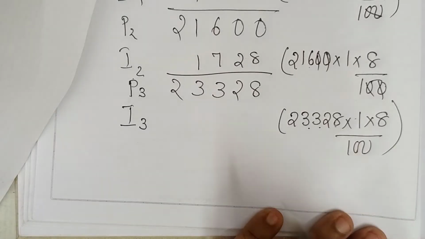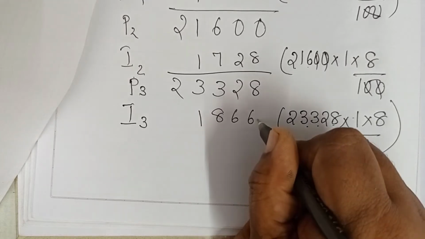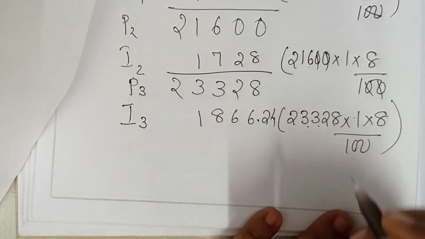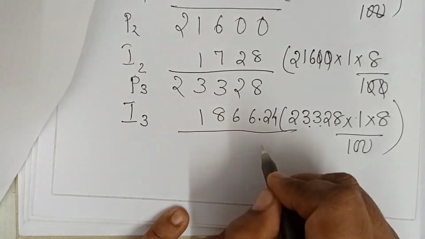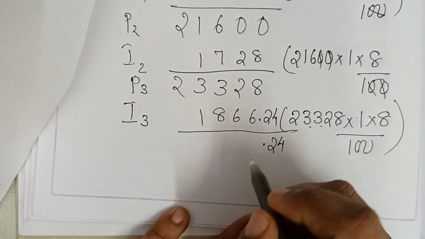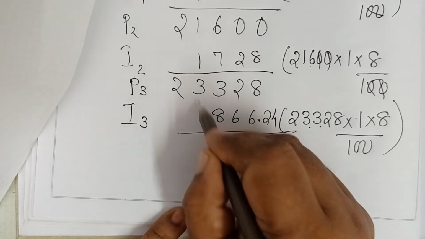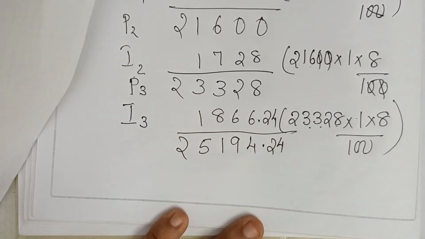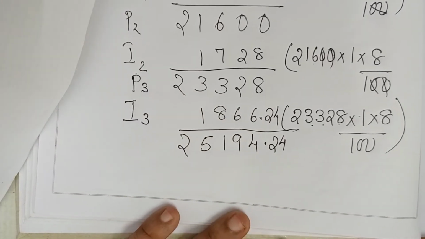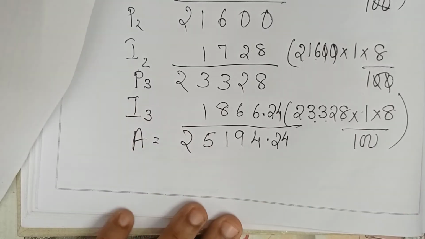Okay, here the answer is 1866.24. We change the 2 places. On adding 0.24, is it right? 25,194.24. Yes, that is the amount after 3 years.